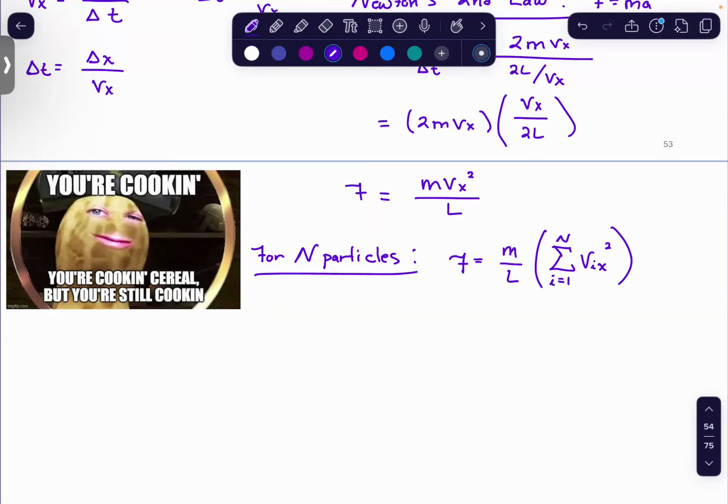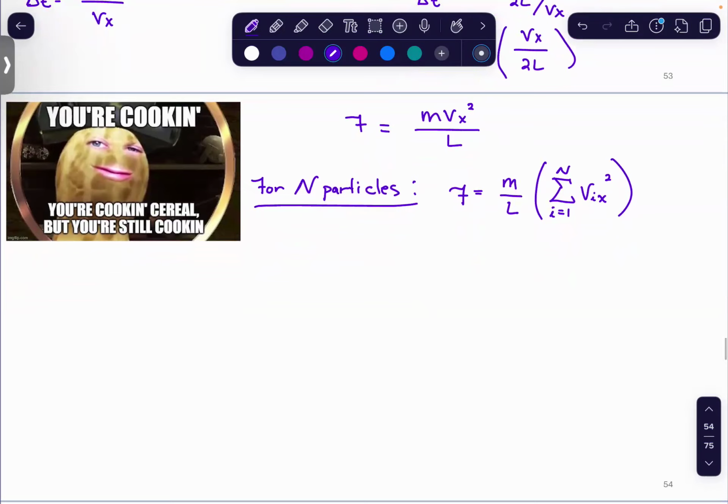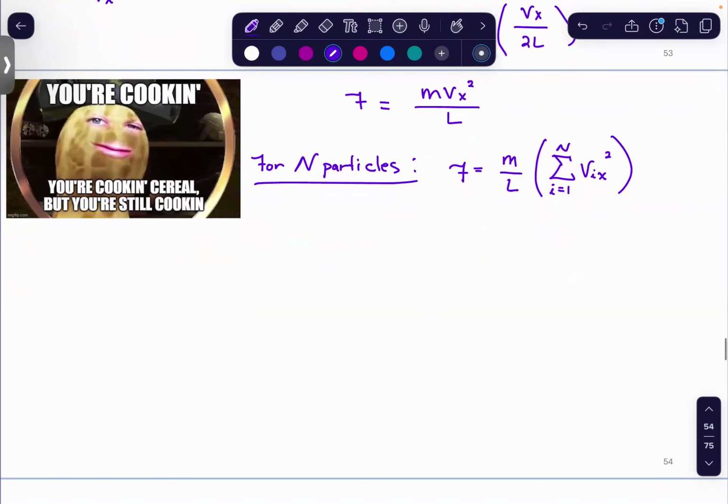So we have to sum together the velocities of all of these particles. And then we want to know what our average velocity is going to be. So then, of course, you take the sum and divide by the number of particles.